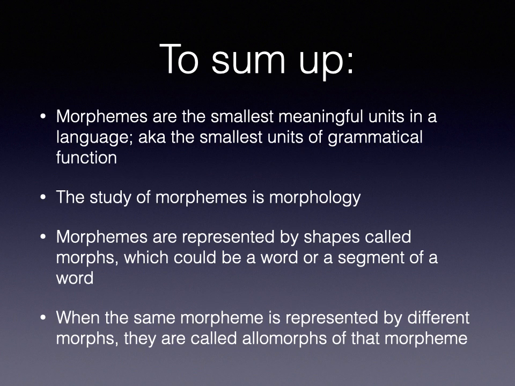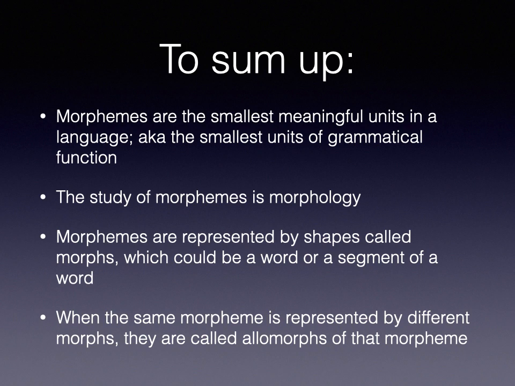Now, to sum up the main points that I have tried to make in this video, first of all, morphemes are the smallest meaningful units in a language. They can also be called the smallest units of grammatical function. And the study of these morphemes is called morphology. Morphology is a branch of linguistics dealing with the study of morphemes.